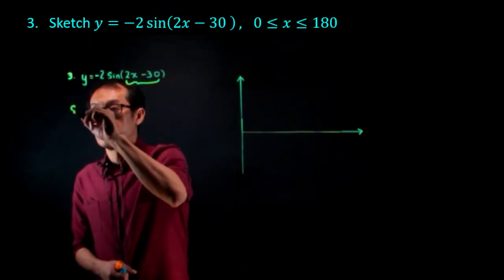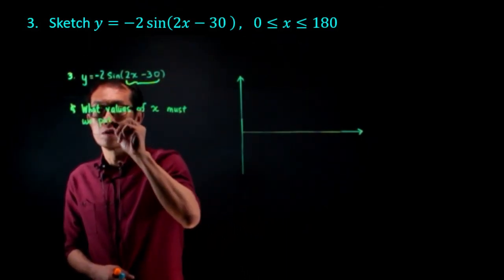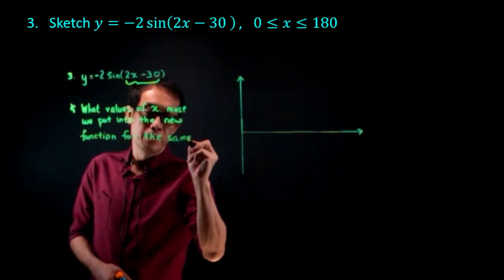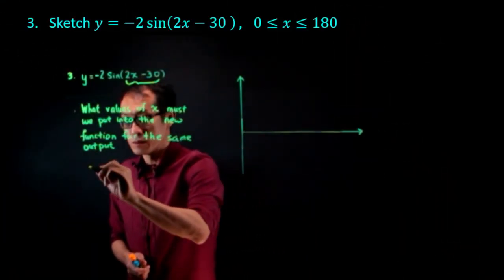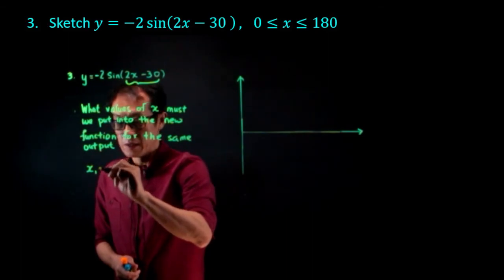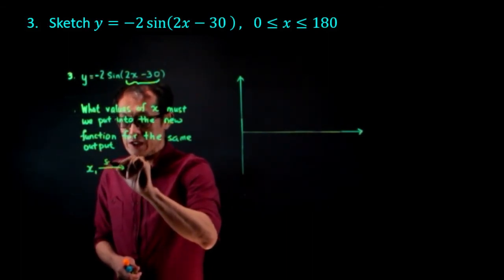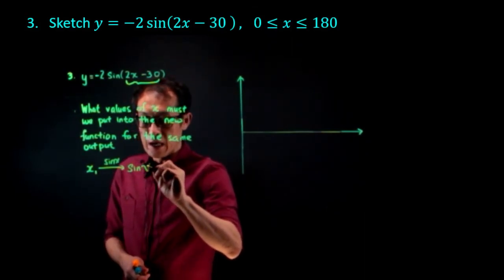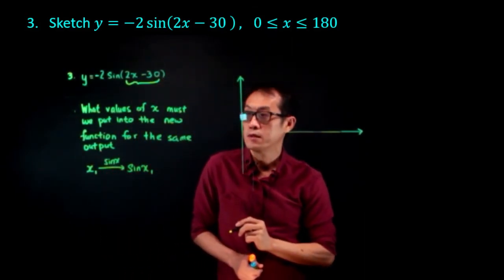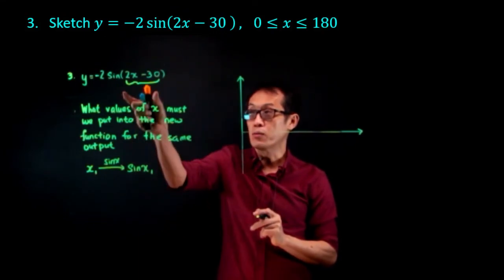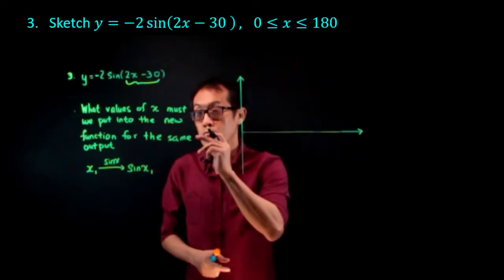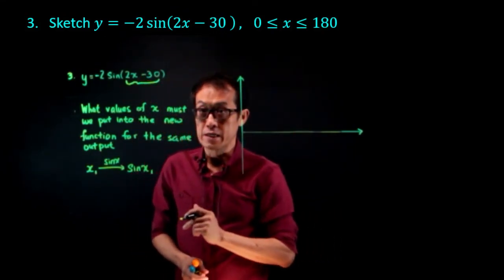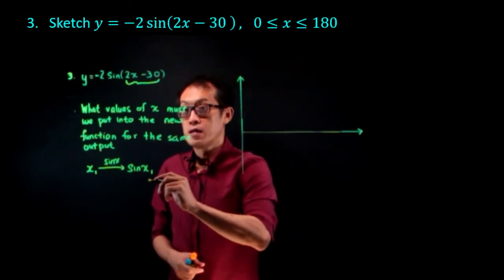Now, let's say we put x1 into the sine function. All right, we get sine x1. Now, for sine x1, what must we put into sine 2x minus 30?